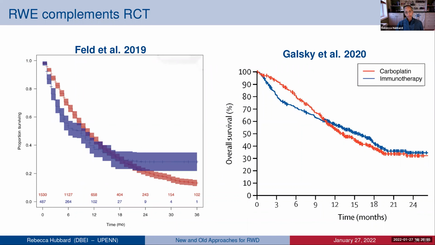So essentially what the real world study provided was evidence to answer a timely clinical question. The drug was on the market, providers needed to make a decision whether or not they should be using it, especially in patient populations that had been underrepresented in the trial. And so we provided information to fill the gaps, to answer that question until the trial could be completed.